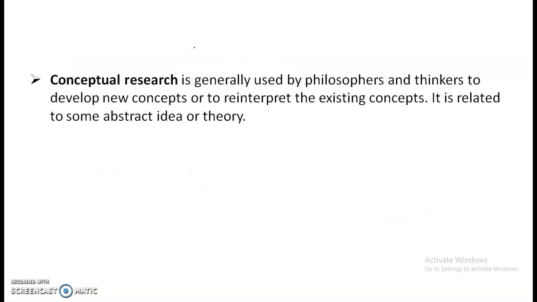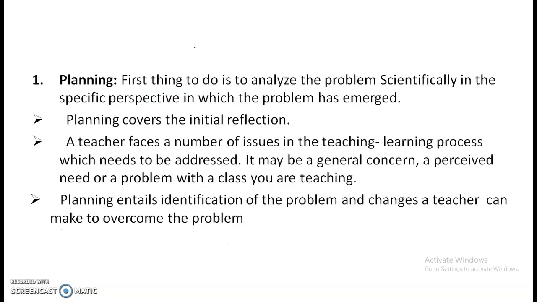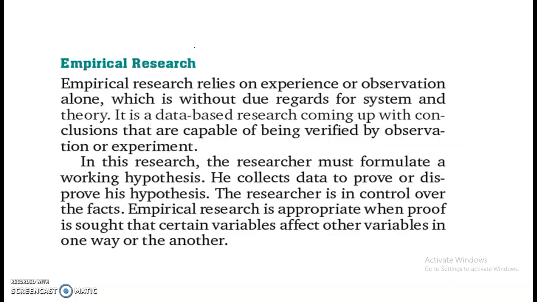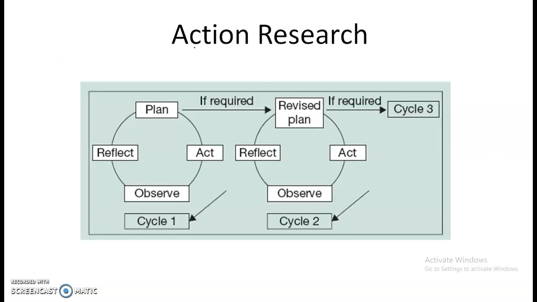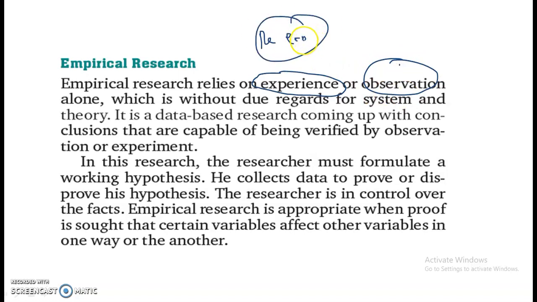And on the basis of concept, we can divide research into two types: one is empirical research and the second is action research. Empirical research means based upon experience or observation alone. That means research based upon the researcher's experience is called empirical. Empirical is nothing but experience.